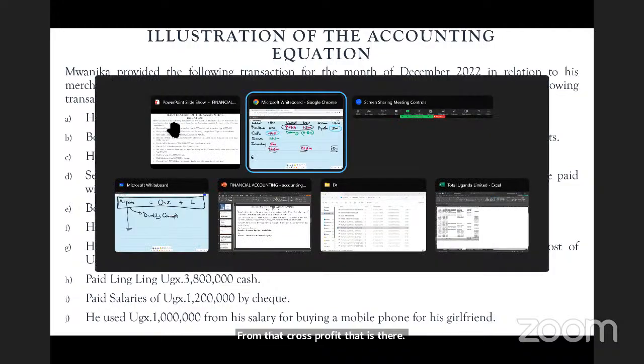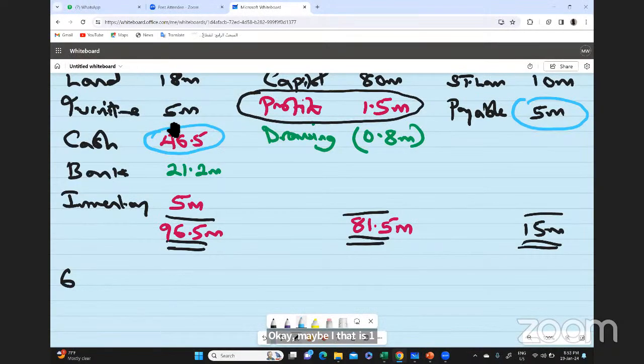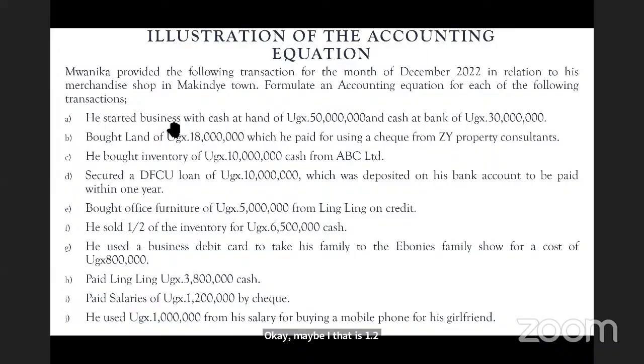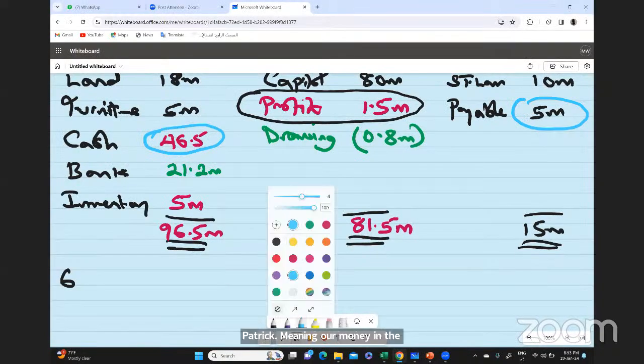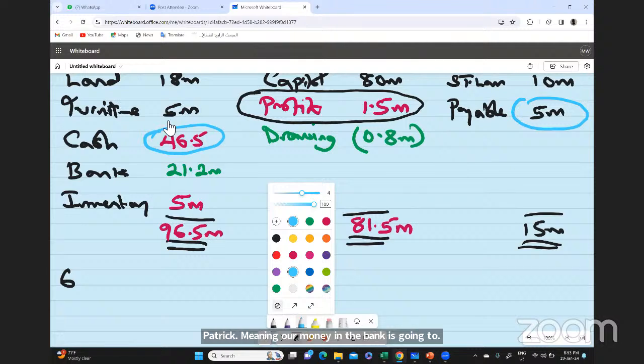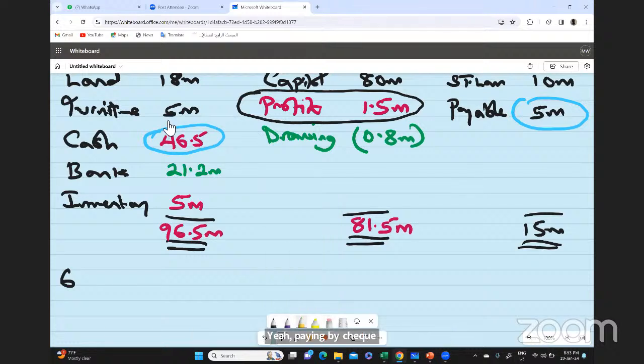Paid salaries by check, meaning our money in the bank is going to reduce. This 21.2 is going to reduce by 1.2 to rest at 20 million.